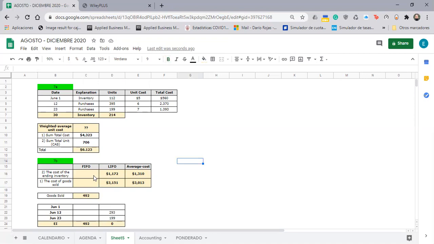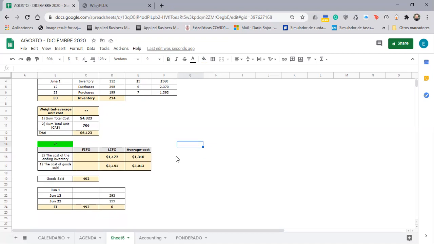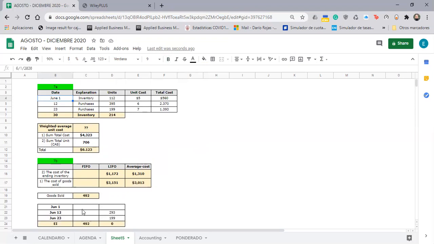The FIFO rules teach us that we need to find the goods sold according to the first ins, that will be the first out, or the first goods that are sold in the accounting period. So we need to pay attention to June first, the ending balance for the inventory, and it shows us that the company had 112 units.